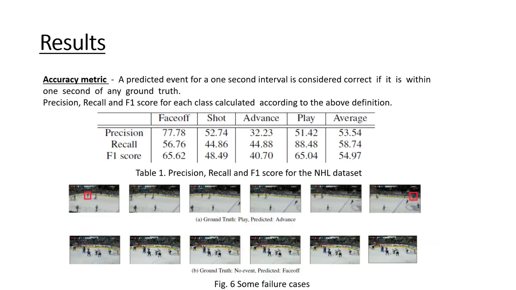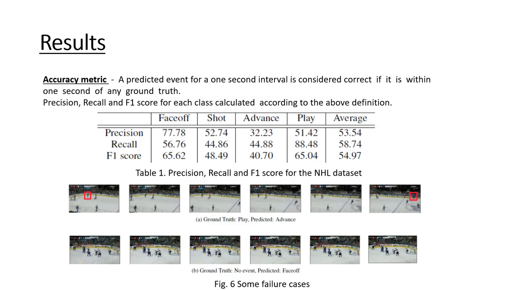For the results on the hockey dataset, a predicted event for a 1 second interval is considered correct if it is within 1 second of any ground truth. And the precision, recall and F1 score for each class is calculated according to the above definition. As you can see, the precision for face-off is pretty high, 77, and we've got acceptable values for F1 score for events like face-off and play.